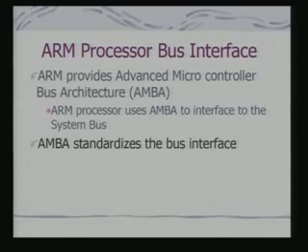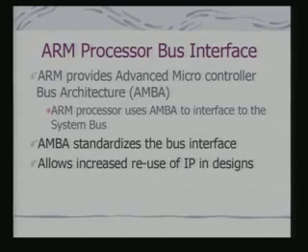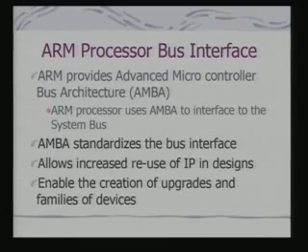And what are the advantages of this kind of interface definition? It standardizes the bus interface. It allows increased reuse of IP in designs, because I can pick up another IP which is compatible with the AMBA interface, and I can put them together to design my own SoC. And it enables the creation of upgrades and various families of devices, because these devices need to be just compatible with the bus.